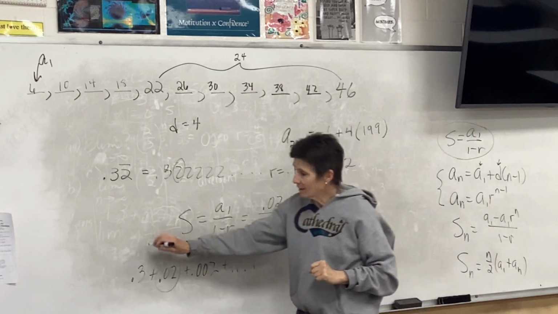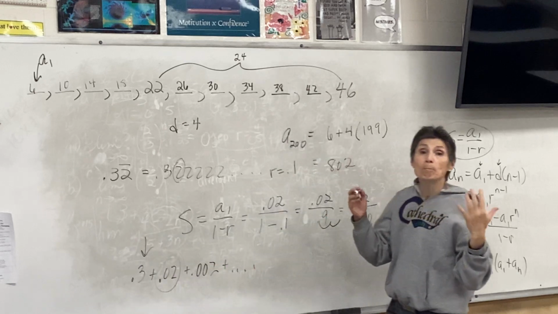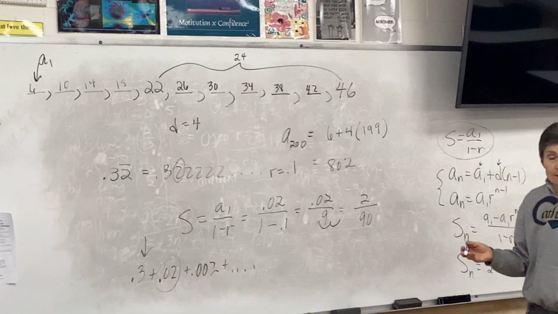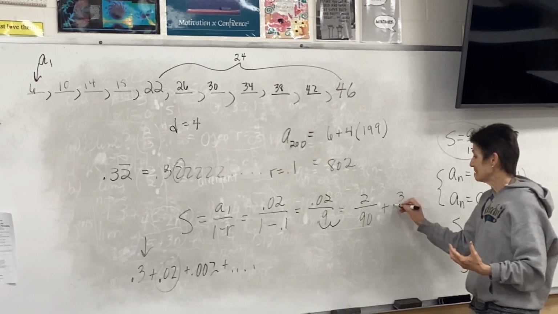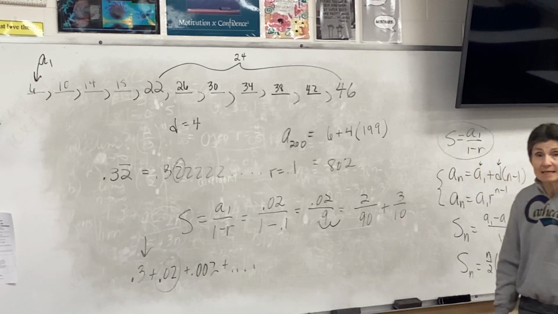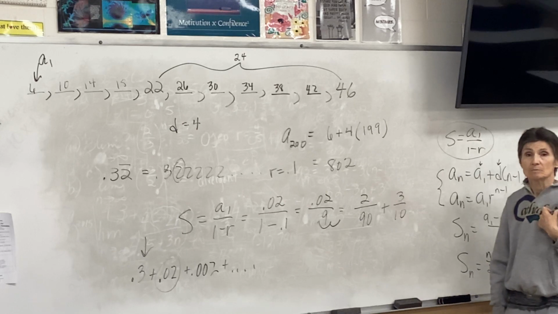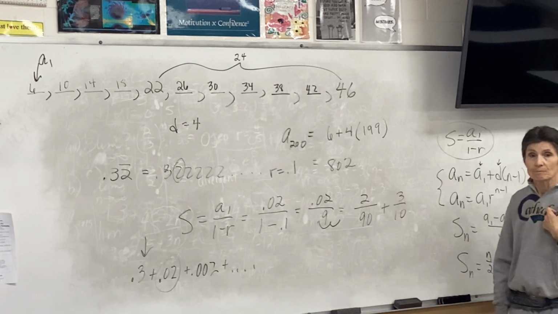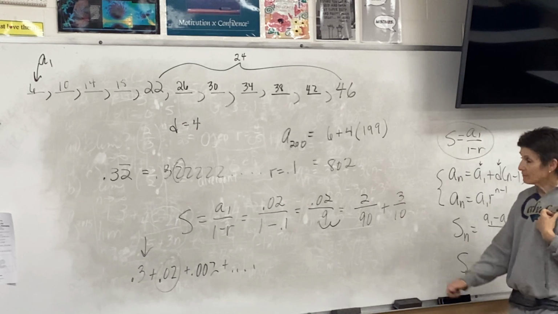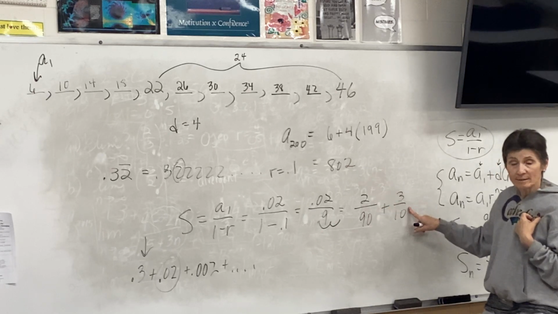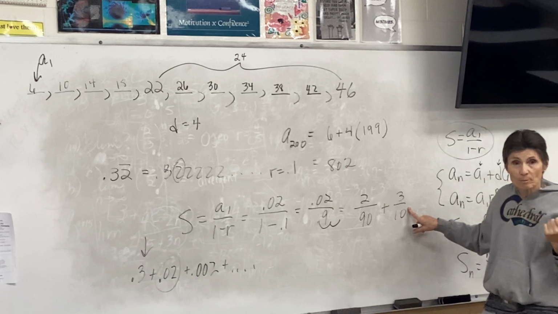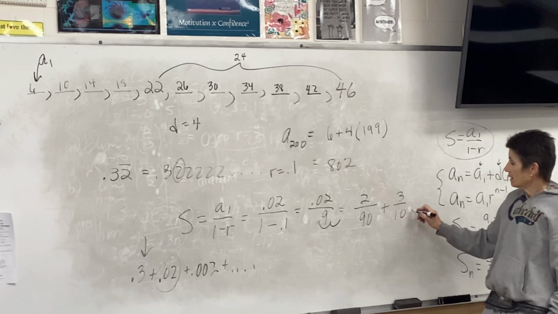Remember, we still have this extra 0.3, 3/10, that isn't part of the repeating decimal. So we have to take the 2/90ths that we got and add on the 3/10, because it's part of the problem. So we'll get a common denominator.